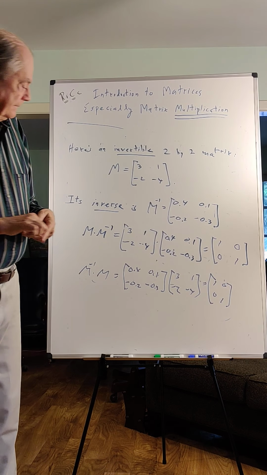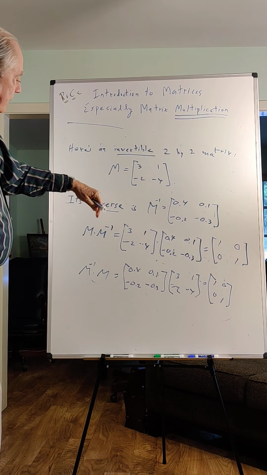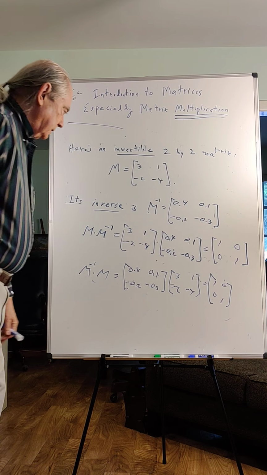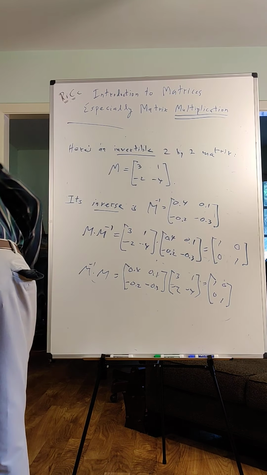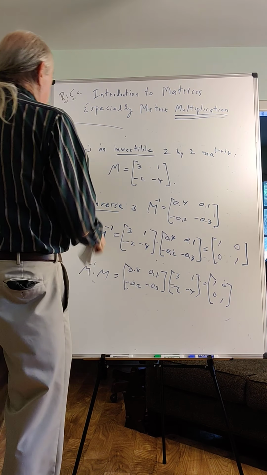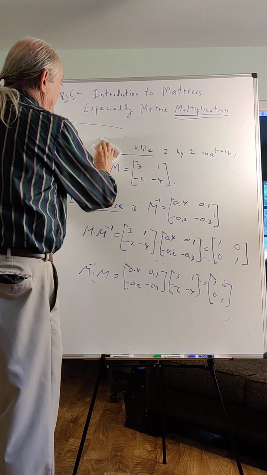Okay, the only thing left is to explain how I arrived at this. And you need to know how to invert a 2x2 matrix. Okay, so let's see if I can do that.